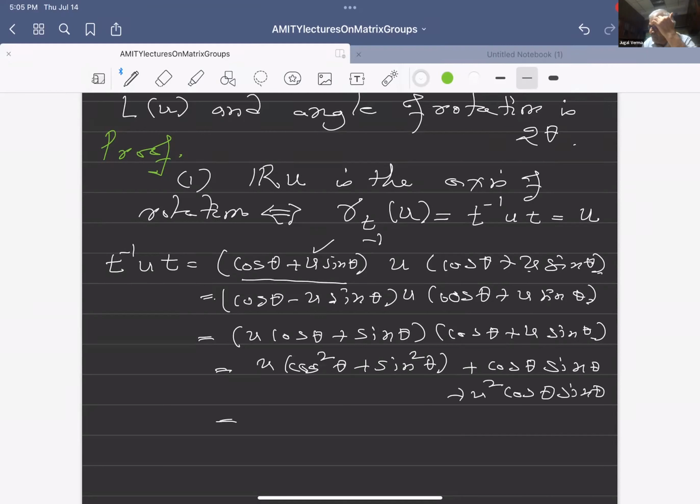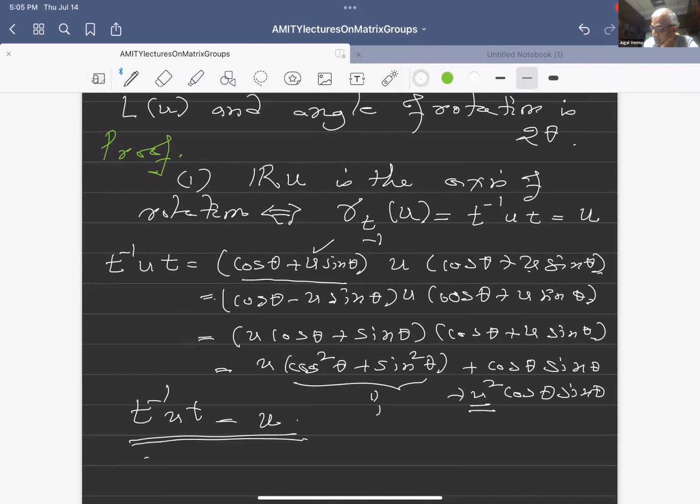What is this? Anybody? Yes, the last two terms cancel, and u square is minus 1. So this is u. So T inverse u T is equal to u.